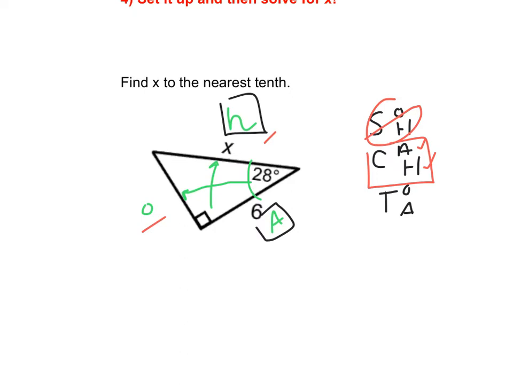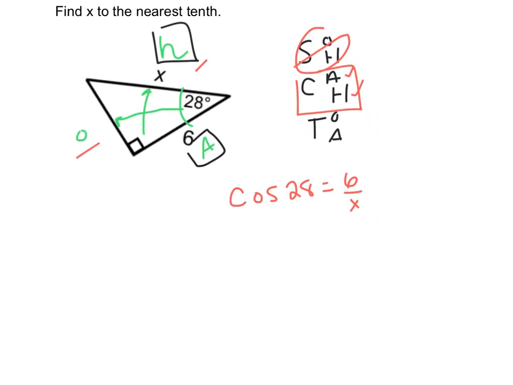Our next step is to simply rewrite cosine. We now write our reference angle because you're always finding the cos of an angle. And that's equal to your adjacent, which is 6, over x. This is one of those examples where it goes from 1 or 2 steps to actually 3 steps, but I promise you it really isn't that bad.